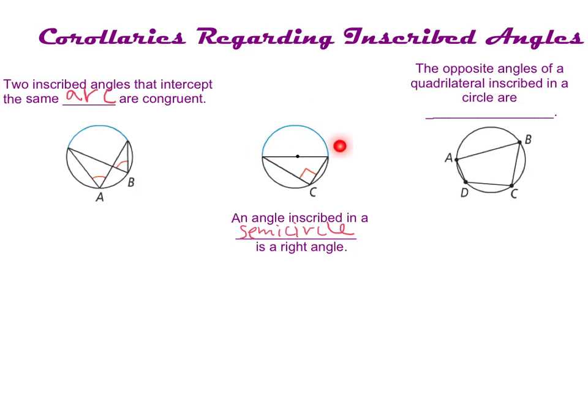And to get to my angle, I cut that in half, I get 90. That's going to happen anytime. So if I have an angle inscribed in just half of my circle, in a semicircle, it must be a right angle, 90 degrees. And then the last one: the opposite angles of a quadrilateral inscribed in a circle are supplementary. So they're always going to add up to 180 degrees.